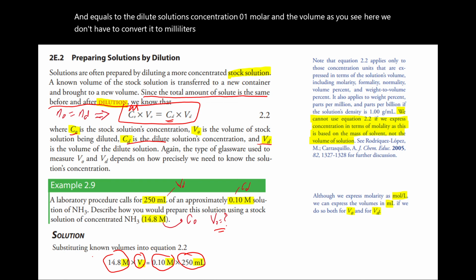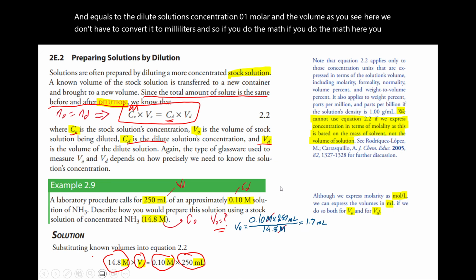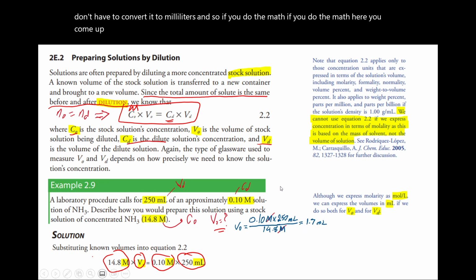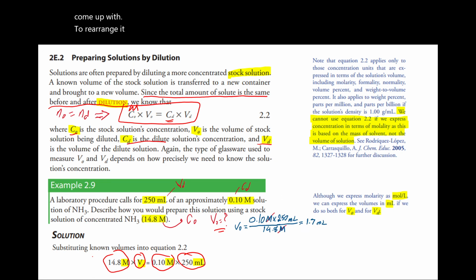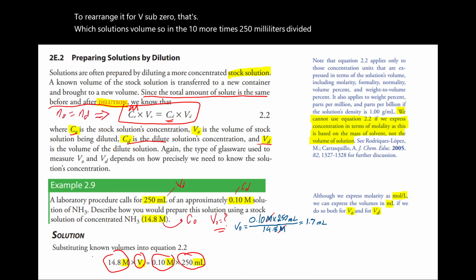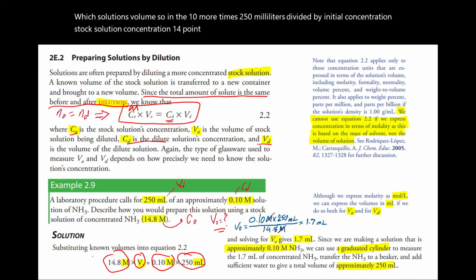If you do the math, you rearrange it for V sub 2, the dilute solution's volume: 0.10 molar times 250 milliliters divided by the initial, stock solution concentration, 14.8 molar, and that's 1.7 milliliters.